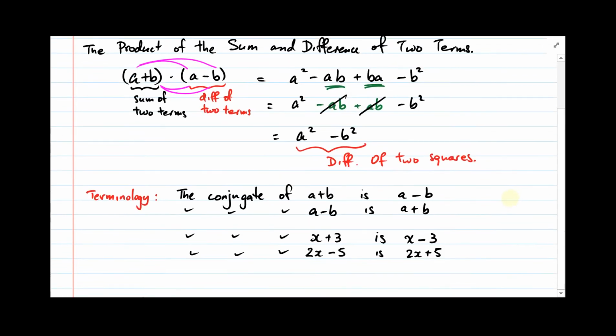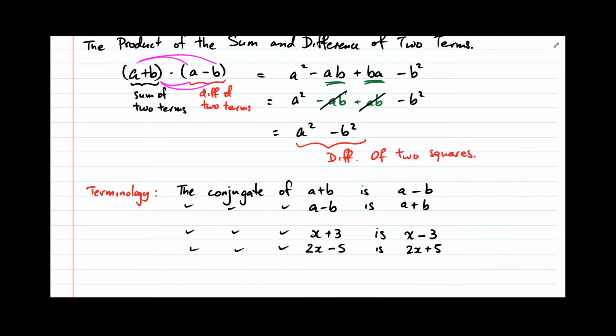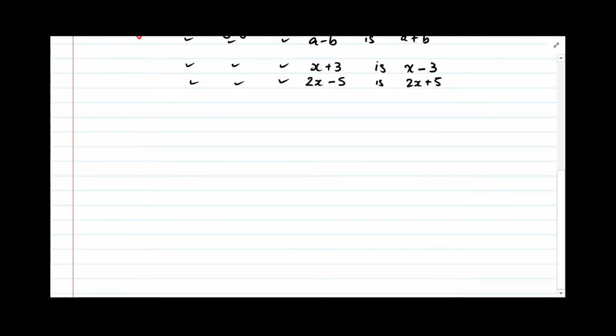So another way of saying that the product of the sum and difference of two terms is equal to the difference of two squares is to write it more compactly: the product of the conjugate pair is equal to the difference of squares.